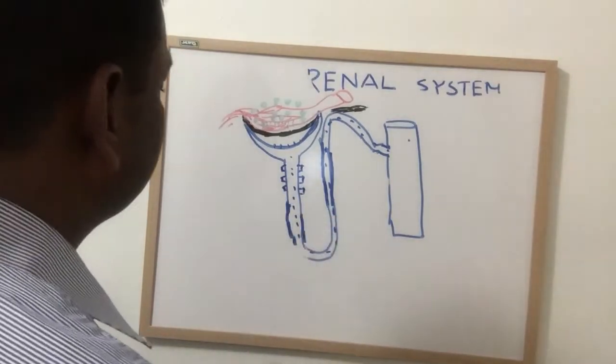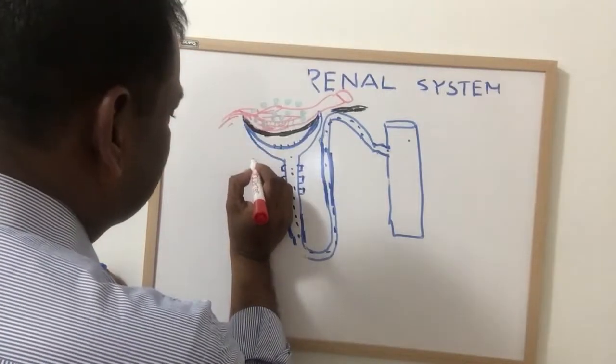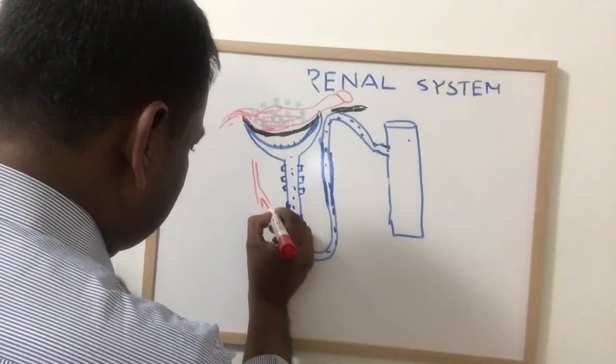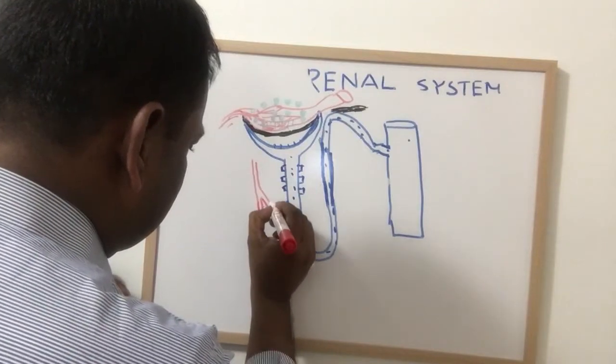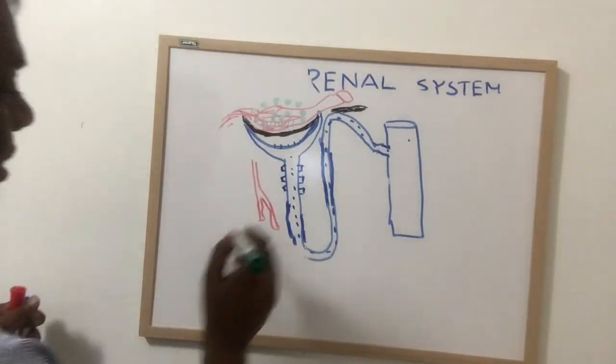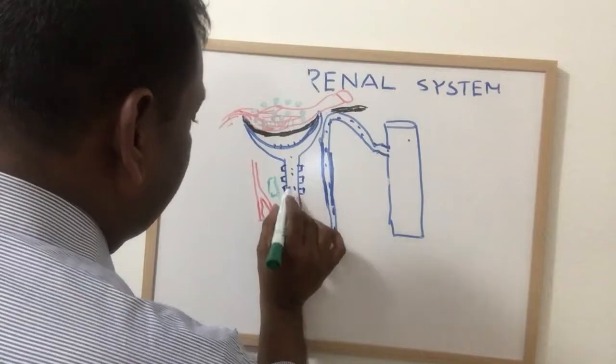And our peritubular capillaries are in this area, and interstitial area, this is interstitial area, then the tube.